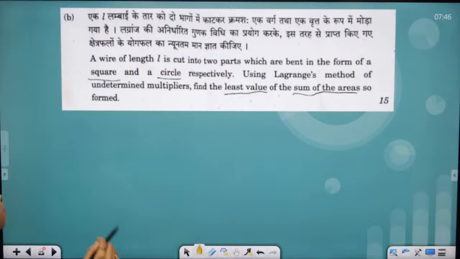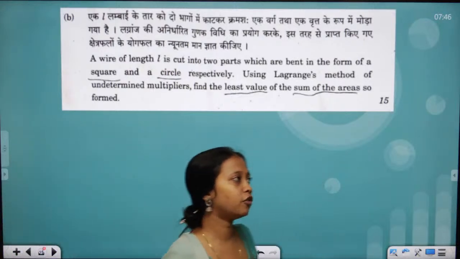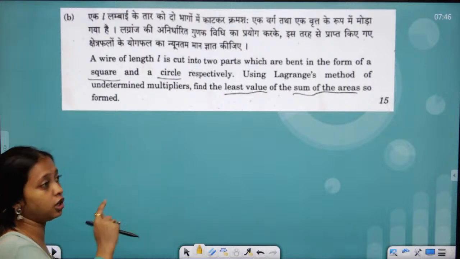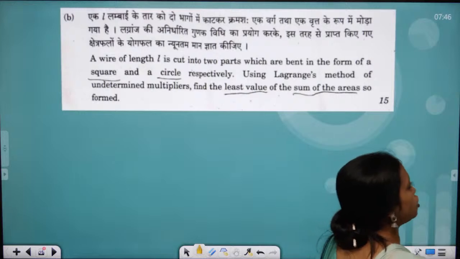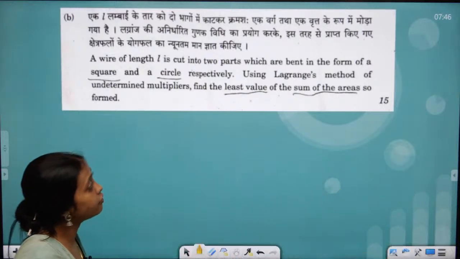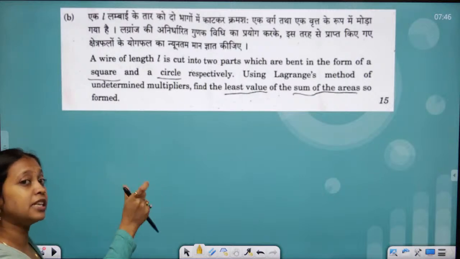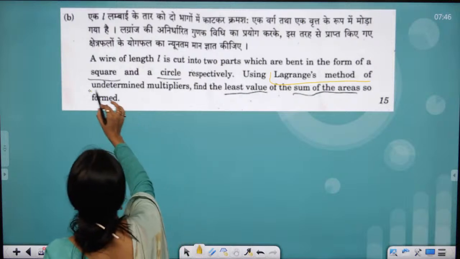Now you see the methods, even the mechanics portion that I have observed, even the differential equation, they have not given you a choice of solving the differential equation by your method. They have given you the specified method, Lagrange's method of undetermined multiplier.